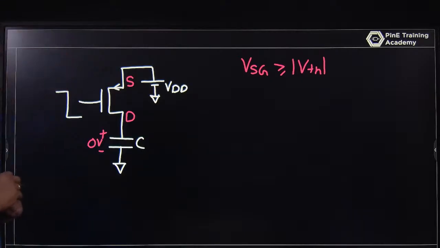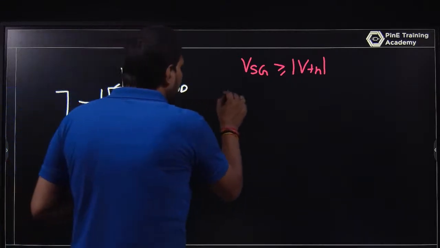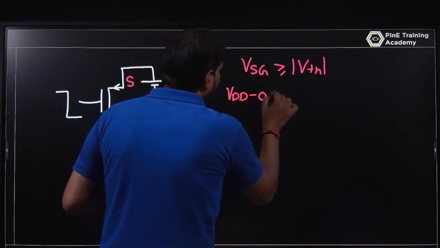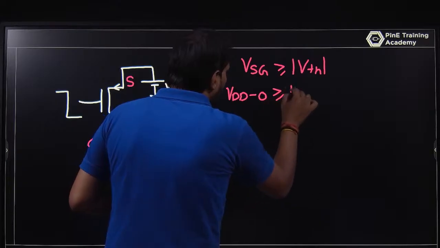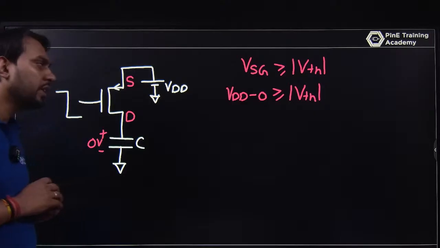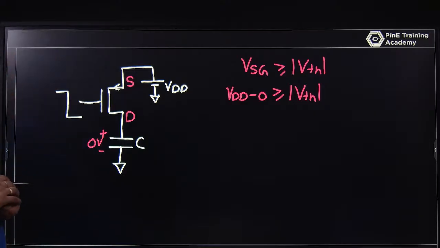That is the basic condition for the MOSFET to be on. The source voltage is VDD and the gate voltage is 0. This is greater than mod VTH. So by looking at the equation, VDD will always be greater than mod VTH.